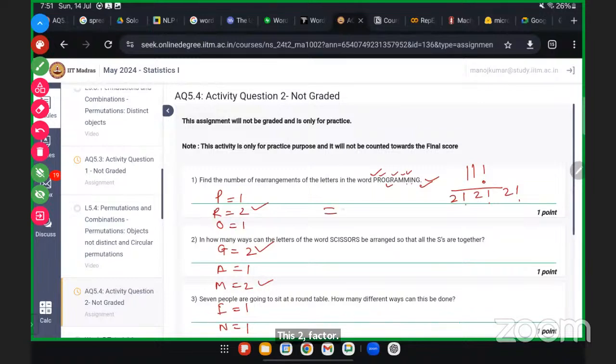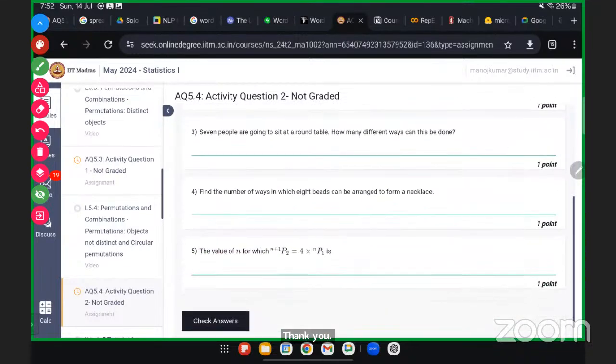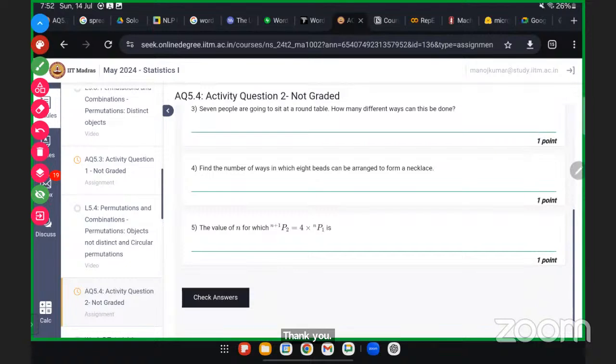Okay, sir. You can calculate it. And sir, question number 5 also. Yeah, this one. This is just simple algebra, right? So let's say (n plus 1) factorial upon (n plus 1 minus 2) factorial is equal to 4 times n factorial upon (n minus 1) factorial.